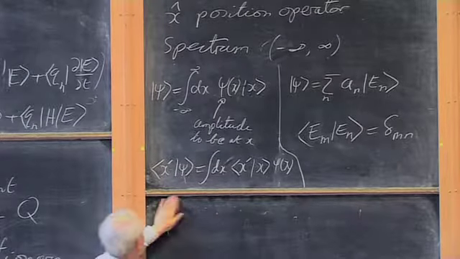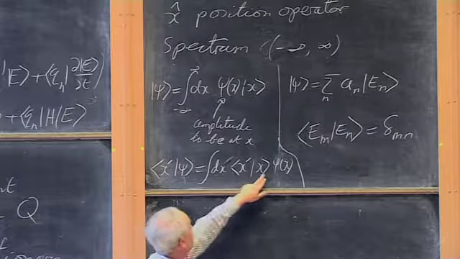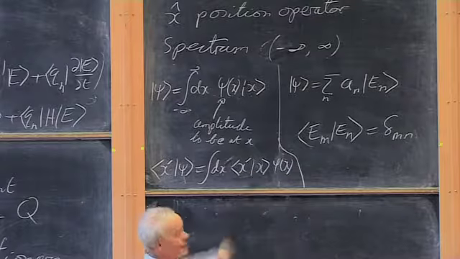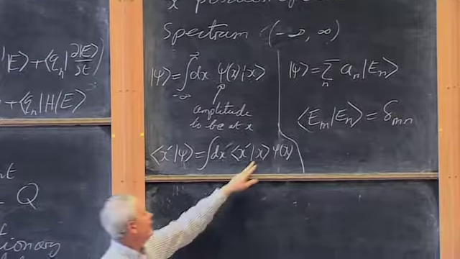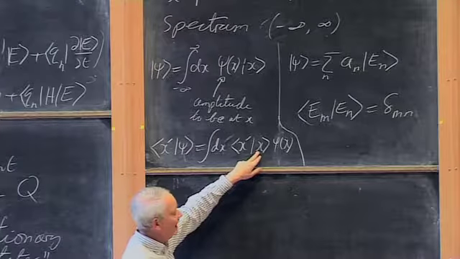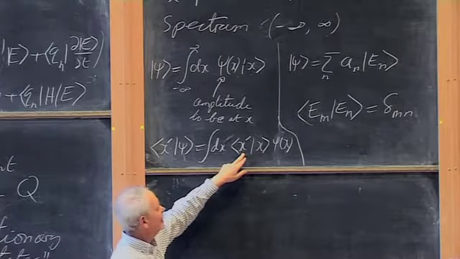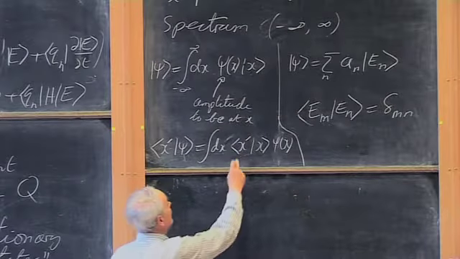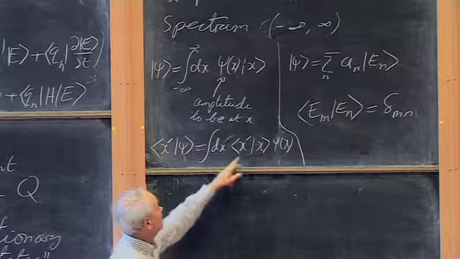This side is clearly equal to the bra x primed with psi. And what do we want? What we want is that this thing vanishes except when x primed is equal to x, because if it's definitely at x, then it certainly isn't at x primed if x primed is different from x. So this thing here is nothing except when x equals x primed.